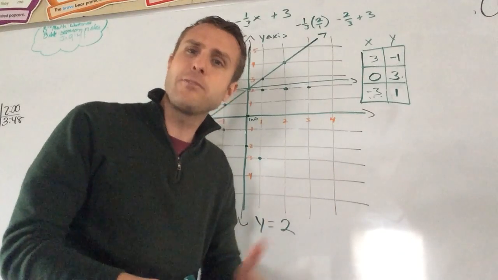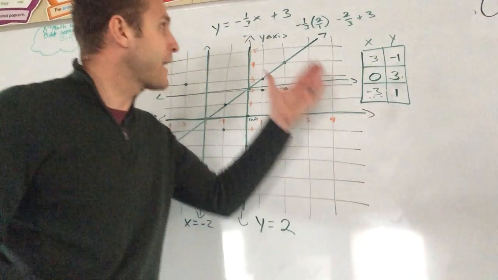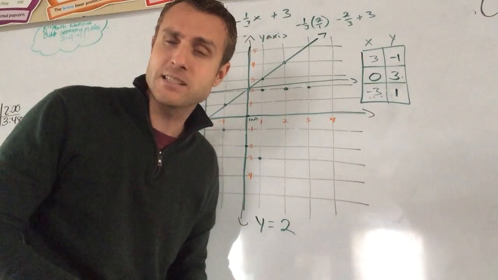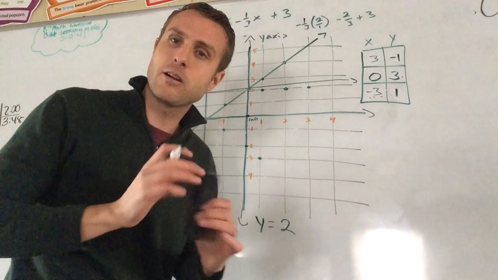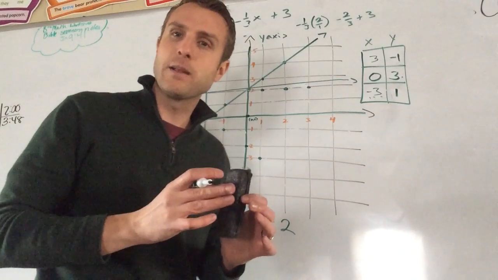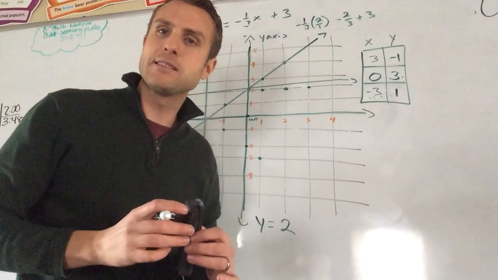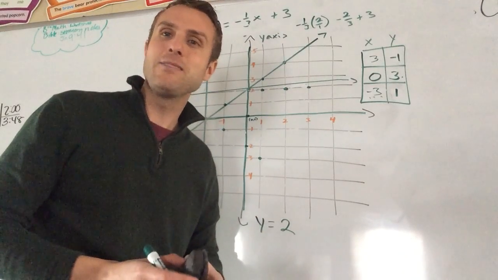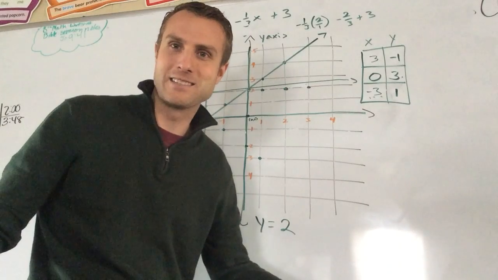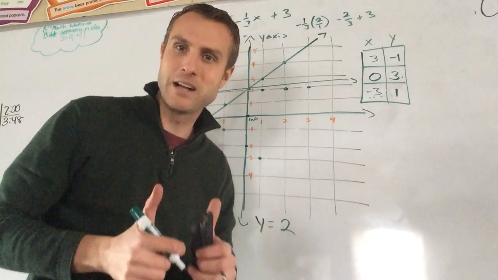If you are graphing with ordered pairs and you have a fraction being multiplied by x, choose the bottom number, the denominator of your fraction, multiply by the negative and the positive of that, and that will get rid of your denominator, leaving you with no fractions. Much easier, much better.